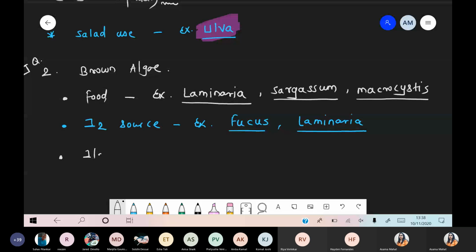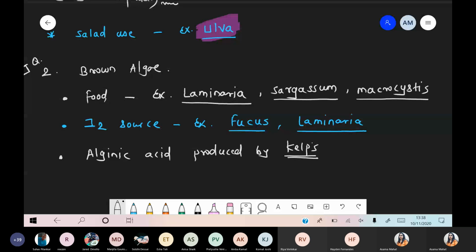Next point, we are talking about a use with respect to acid, and the name of the acid is alginic acid. Alginic acid is produced from kelps, large size brown algae, right?